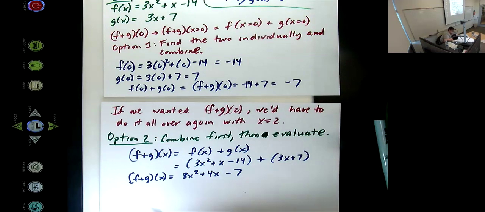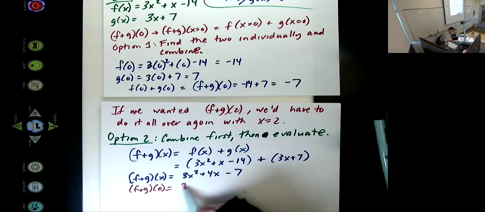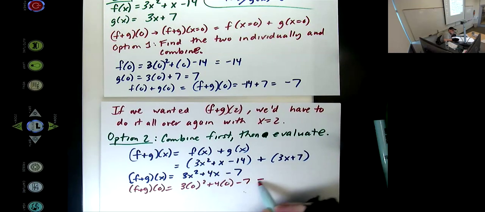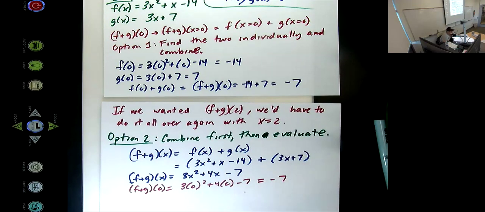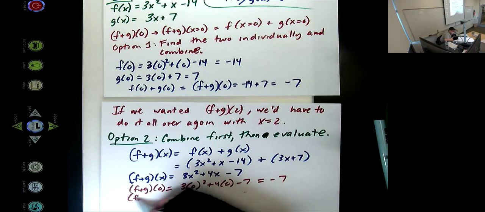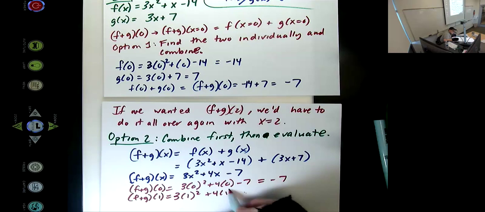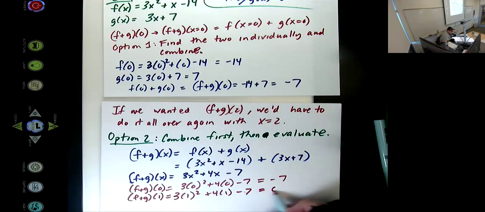Now, if I want f plus g of 0, it's just a quick plug-in. I can quickly do a whole bunch of them if I want. f plus g of 1 is 3 times 1 squared plus 4 times 1 minus 7, which looks like 3 plus 4 is 7 minus 7 is 0.